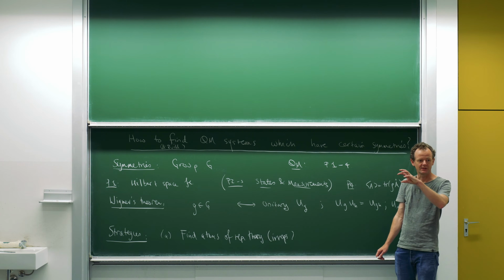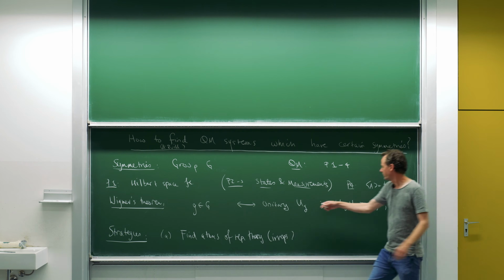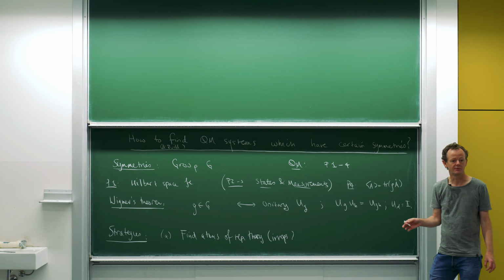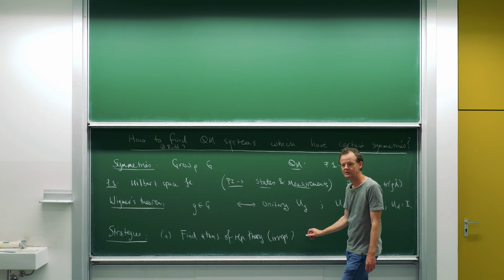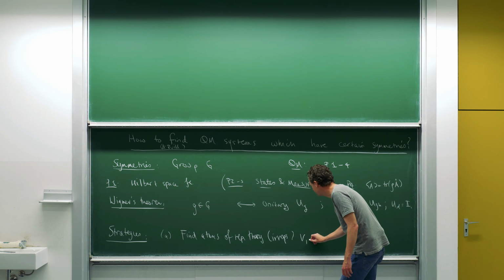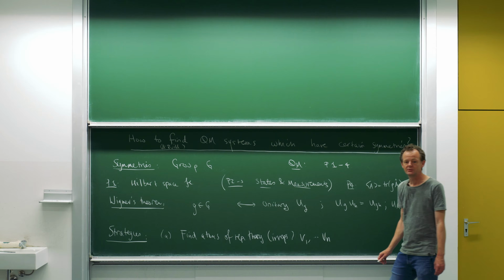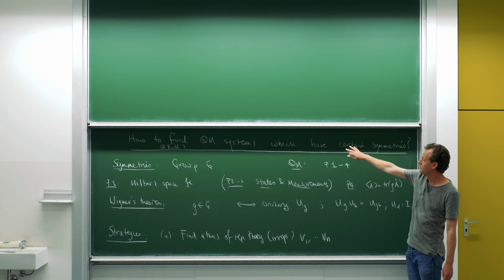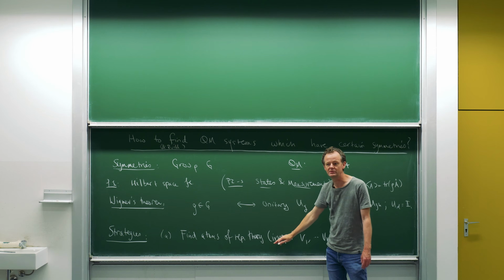They are the smallest vector spaces, or in this case Hilbert spaces, which give you a bunch of operators which furnish a representation. And there's a list of them, and we're going to get quite close to understanding this list. So we could write these lists as V1 to Vn, say. So strategy 1 for finding quantum mechanical systems which have certain symmetries is to find out all the irreducible representations.